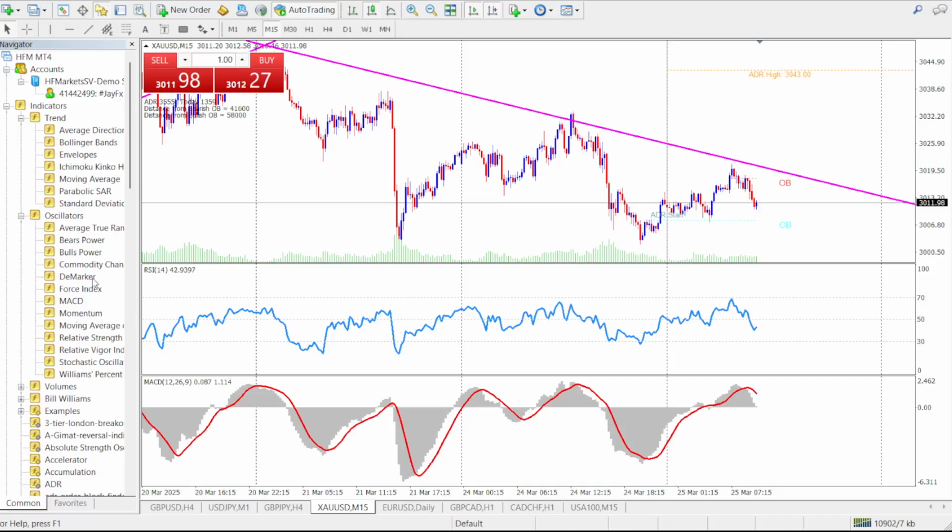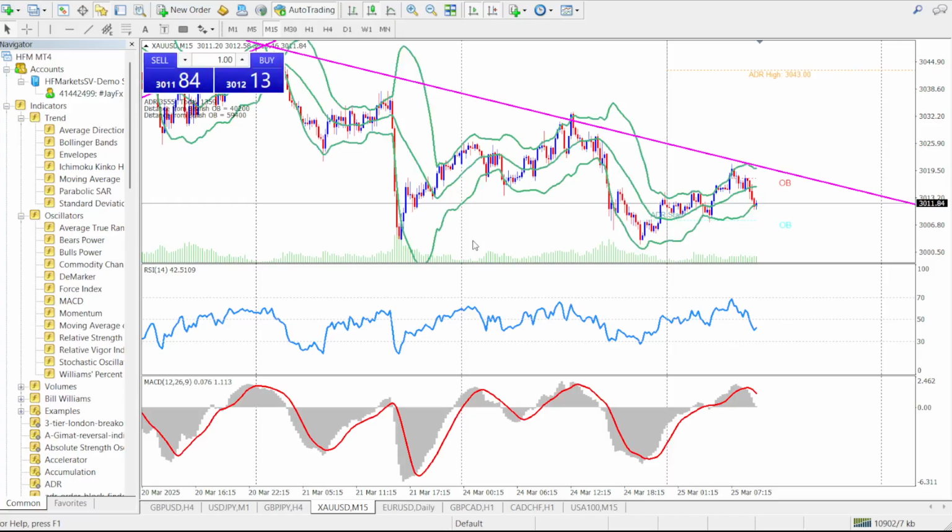You can also decide to add the Bollinger Bands for additional confirmation. Remember that the Bollinger Bands assist in detecting volatility breakouts for better entries. So using this combination, traders can enhance their strategy and ensure higher accuracy in their trades.